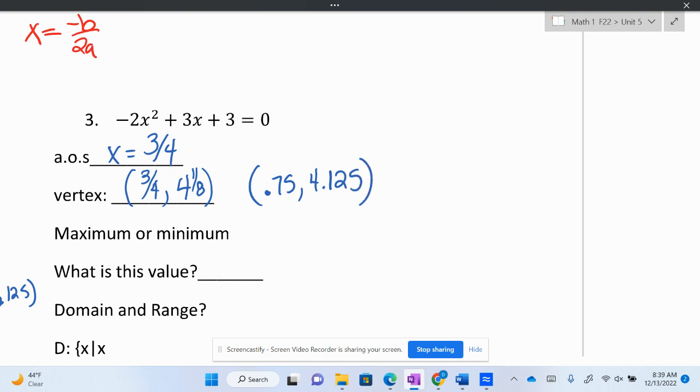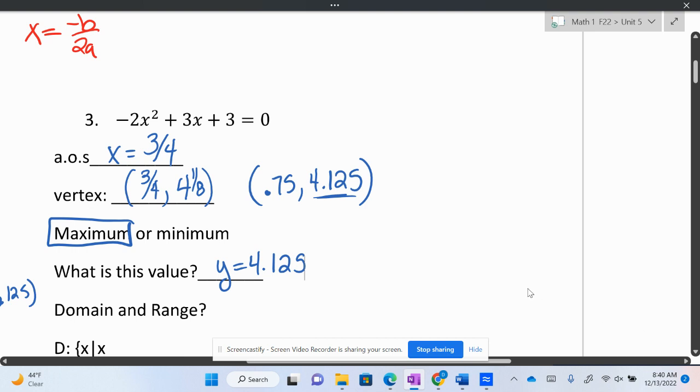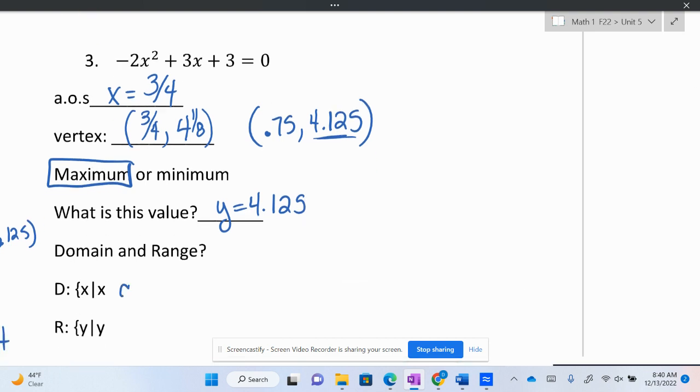Does this graph have a maximum or a minimum? It has a maximum. What is the highest my graph goes? Y equals 4.125, or 4 1/8. What is the domain? The domain is all real numbers.